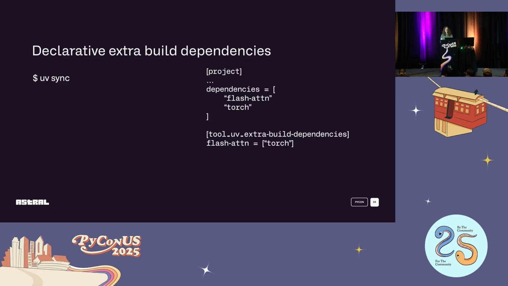So what I want to do is just have a way to declare an extra build dependency for a package. And here I'm arguing that you shouldn't ever disable build isolation. Instead, when uv goes to build flash attention at install time, it will look up the version of torch in the lock file and install that into the isolated build environment for flash attention, and it will just work.